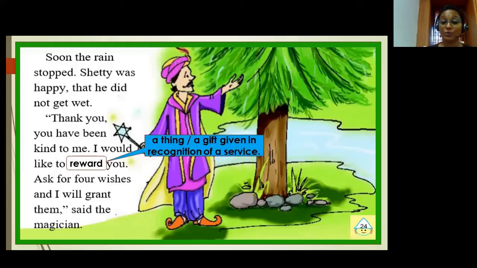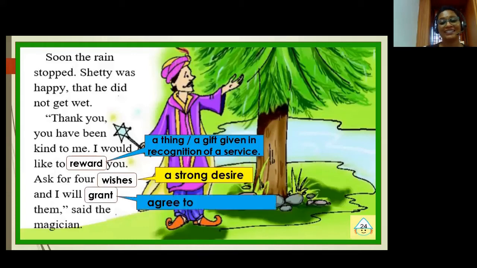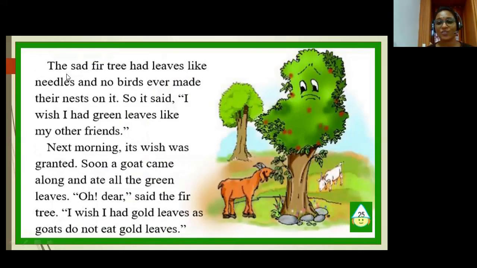Here you will have to know the meaning of the word wishes. The word wishes means a strong desire, and the word grant means agree to give or allow. Here the magician had agreed to grant 4 wishes of the fir tree to come to reality. Okay? Children, we are now in page 25.